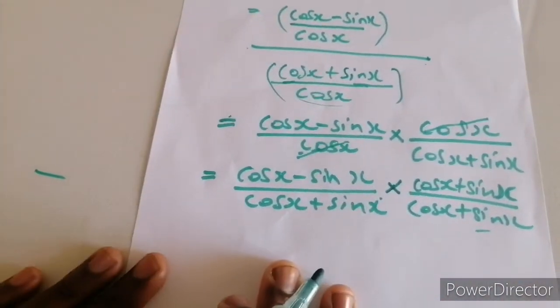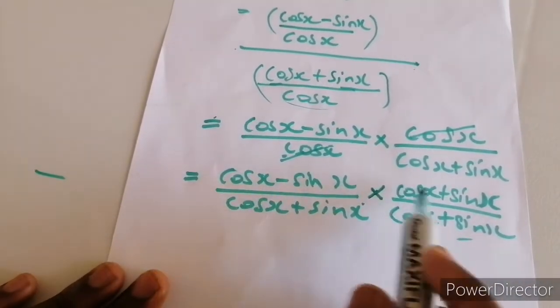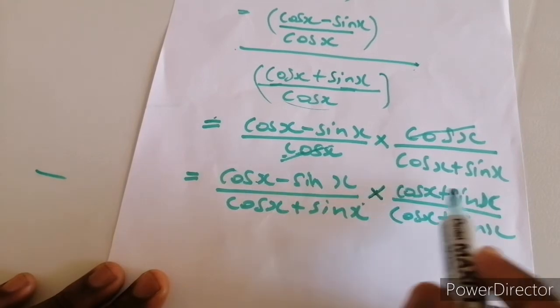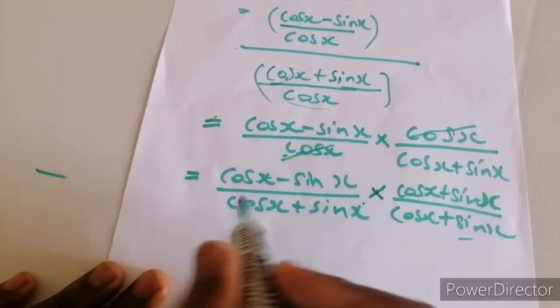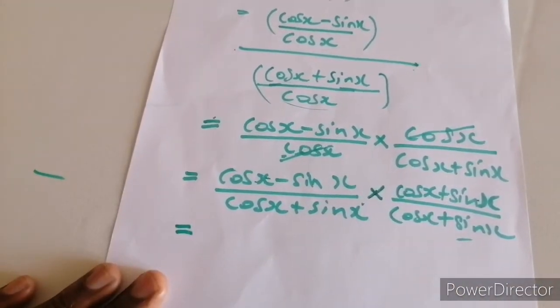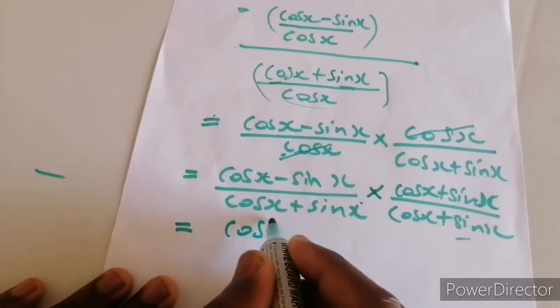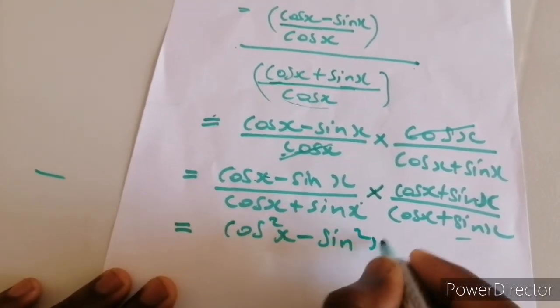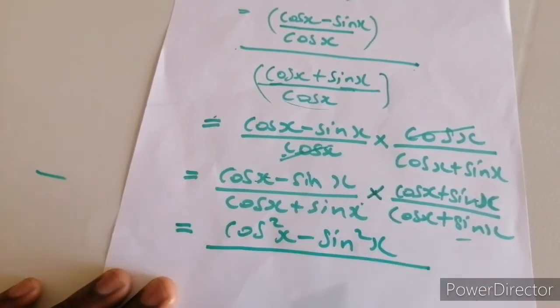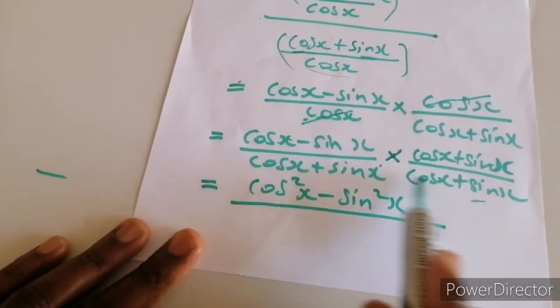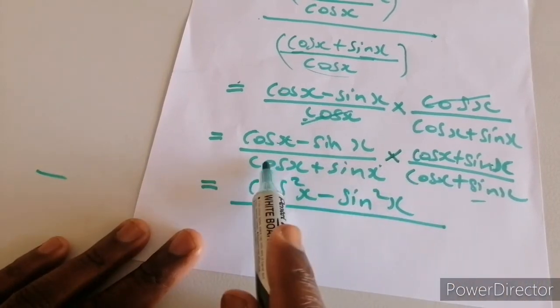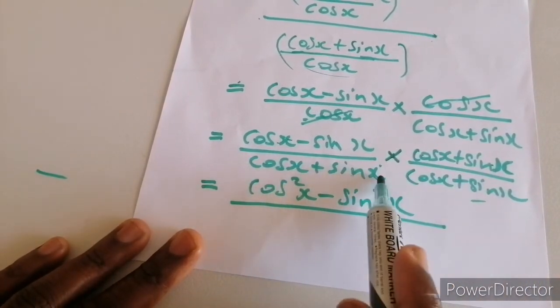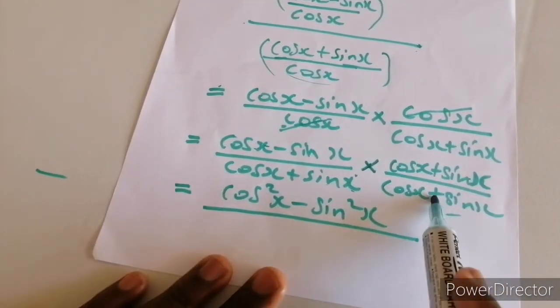Right. Now let's continue. This is binomial by binomial that leads us to the difference of two squares. When you continue, this is cos squared x minus sine squared x, all divided by, this one is a binomial squared, cos x plus sine x multiplied by another cos x plus sine x.